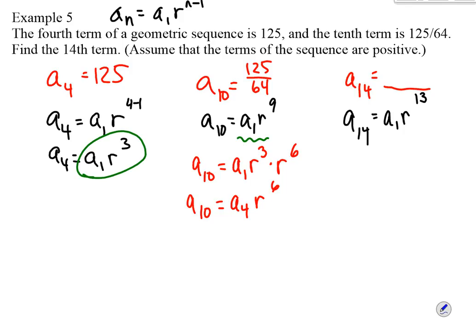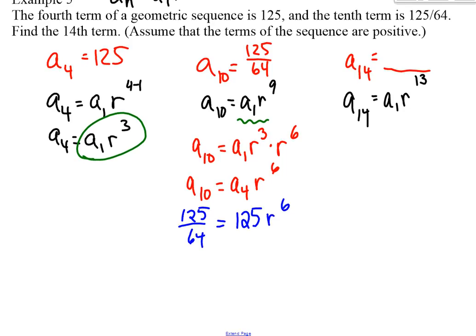So a sub 10 is 125 over 64, and that's equal to a sub 4, which is 125, times r to the 6th. Then I multiply each side by 1 over 125. Those cancel, and I get 1 over 64 is r to the 6th.